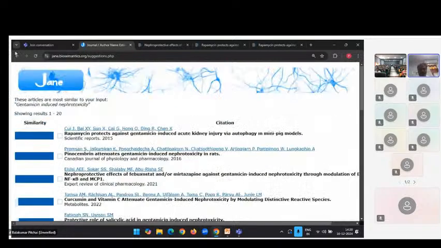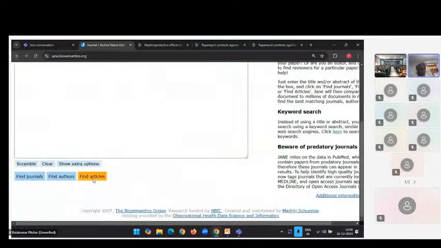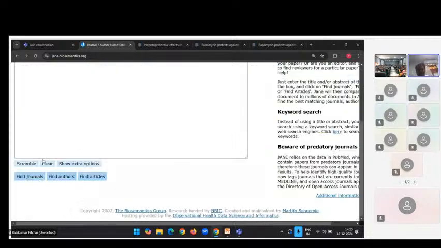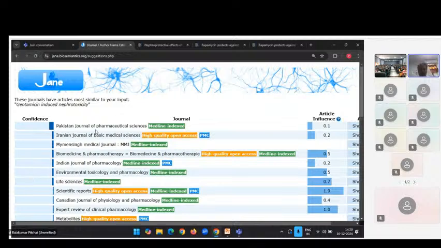It is not only useful for finding articles, it is also useful for finding expert authors, and for finding journals that have published such work. See here, the same thing, gentamicin induced nephrotoxicity. I am entering it and clicking find journals. Look at this one, the Pakistan Journal of Pharmaceutical Sciences, where a lot of papers in this area have been published.